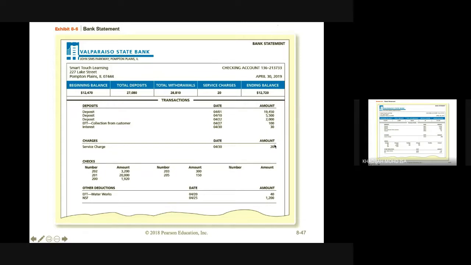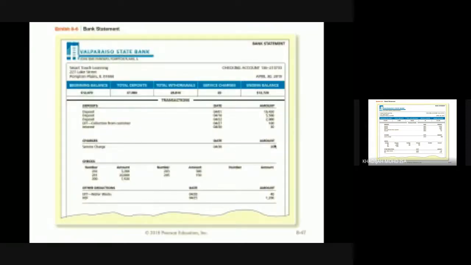But remember that this service charge is actually deducted from your bank account. So you see that your bank account is the one where you record your bank transactions based on the journal entries, but your bank statement is the one recorded by the bank depending on the transactions that involve the bank.